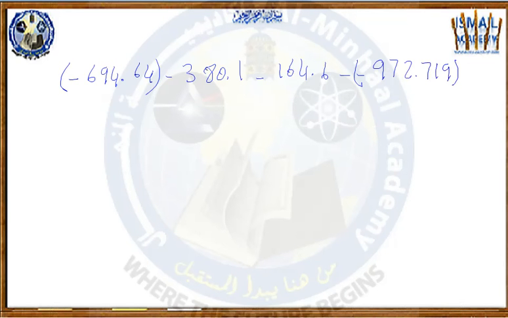I need only one sign. So this is going to be positive, and this will stay negative. As you see, all of them are the same sign, so I'm going to combine them first.